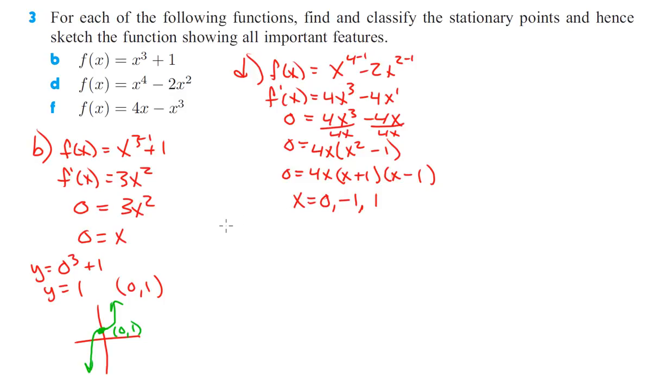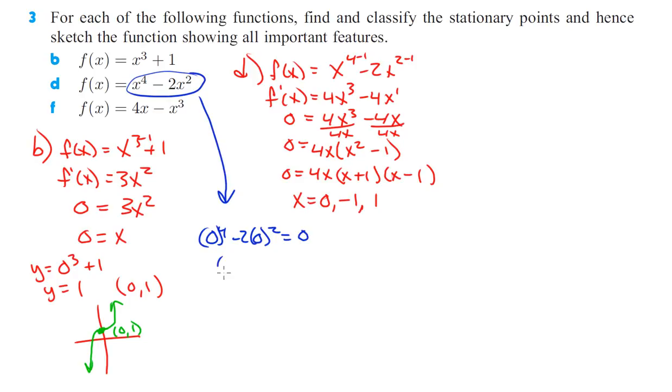Okay, so let's try that out. Let's do this in a different color to hopefully make it a little easier. Let's plug in 0. Our function is this one right here. So we've got 0 to the 4th minus 2 times 0 squared, which is just going to give us 0.